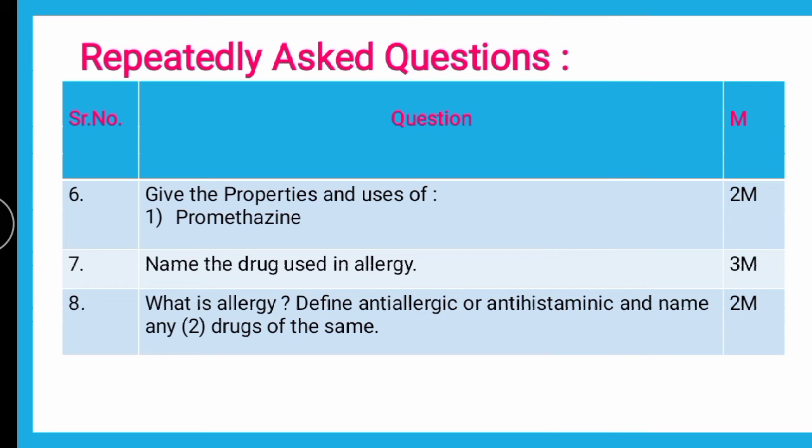It gets degraded in the presence of air and light. Therefore it should be protected from air, heat and light.